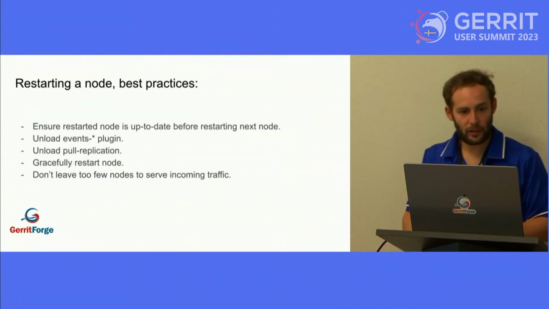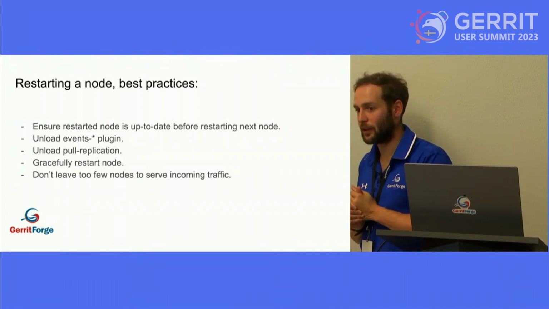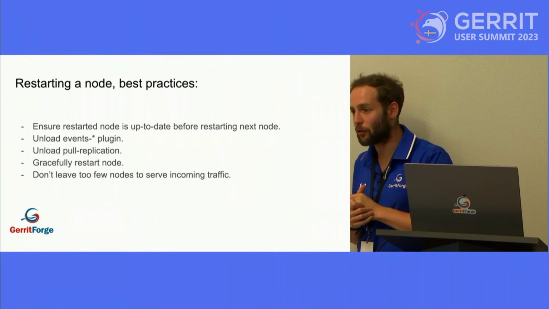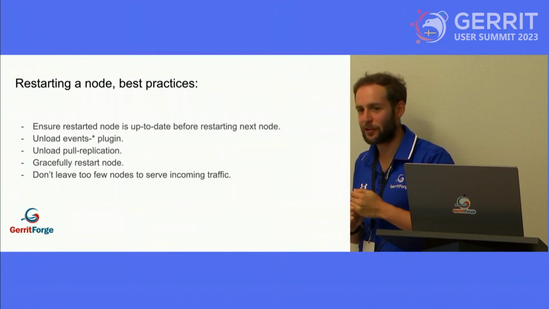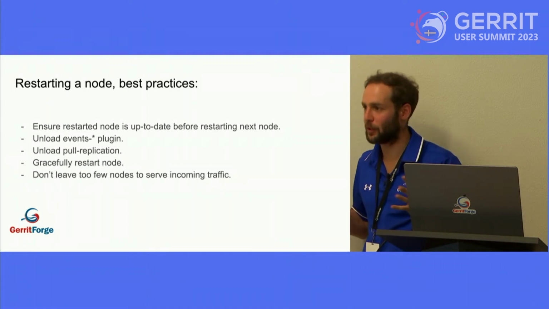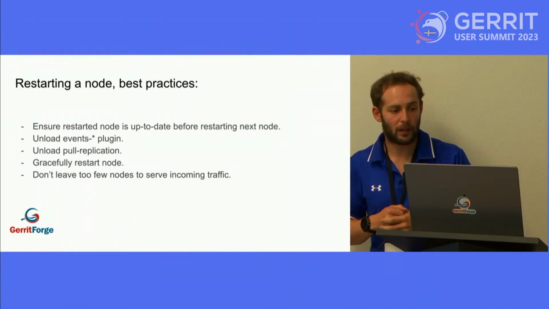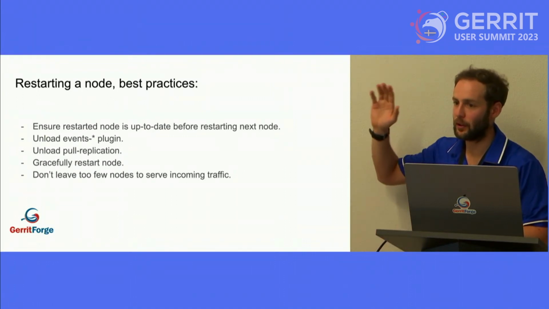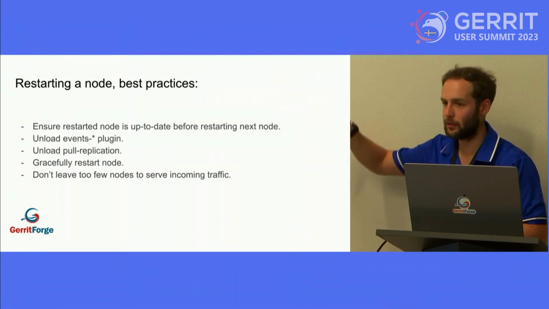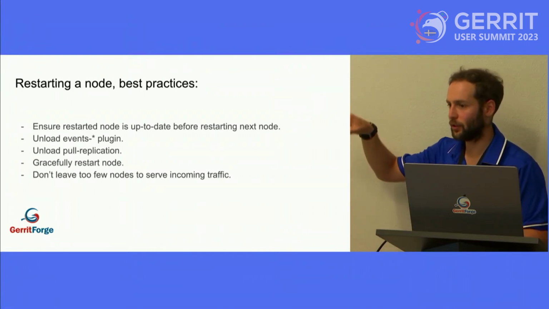To finish for today, I want to talk about restarting a node. So in this world, restarting a node is usually all right, but we have seen, and Srini knows it well, we have seen issues where for some reason, pull replication doesn't seem to unload correctly. So we recommend to unload your events broker plugin first, so events Kafka, events whatever. Unload the pull replication next.